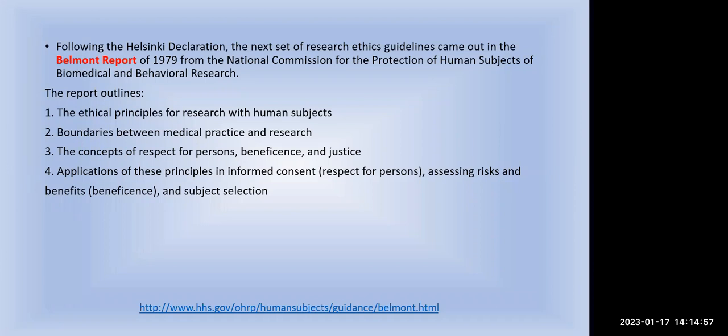So still you see in all these principles, three important ethical frameworks, the Nuremberg, the Helsinki, and Belmont, focus on consent. Usually we should have consent from the participants that they agree on participating in such research.